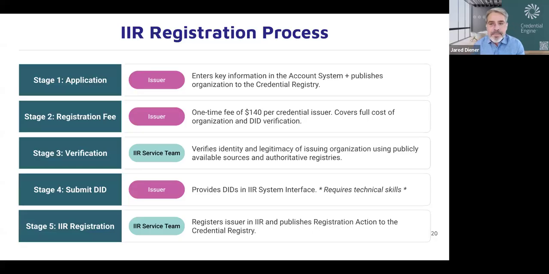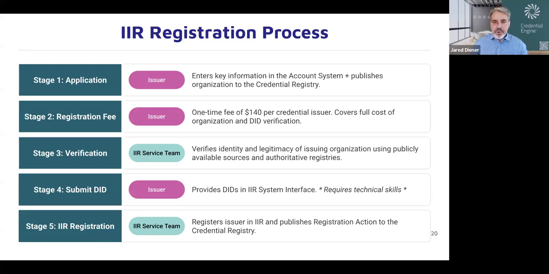There is a one-time registration fee of $140 per credential issuer. And this covers the full verification process, reviewing the organizational identity, validating the decentralized identifier. And we do ask that the fees are submitted before the registration can take place.